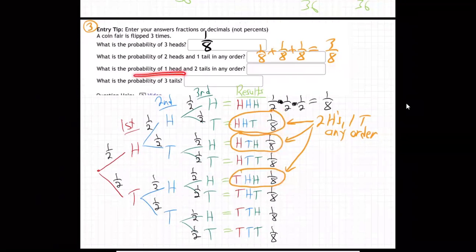The next question: 1 head, 2 tails, any order. So now it's 1 head, 2 tails. So let's look for that. So here we go. 1 head, 2 tails. 1 head, 2 tails. 1 head, 2 tails.